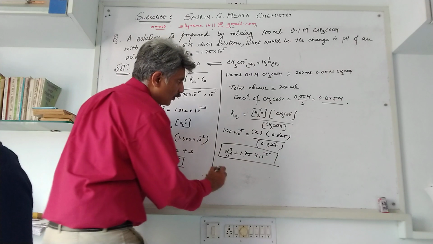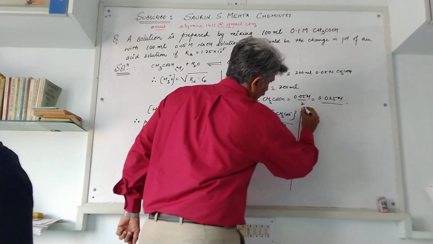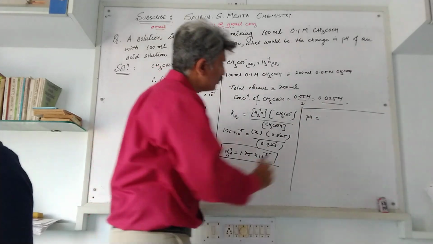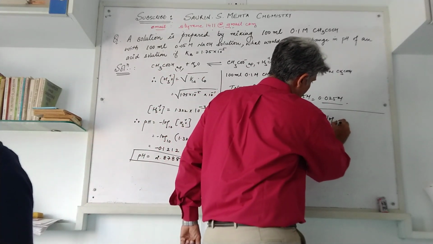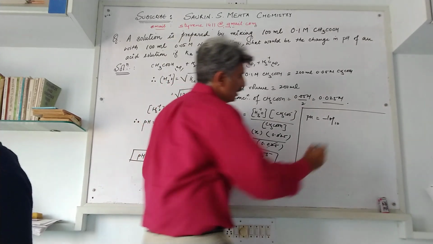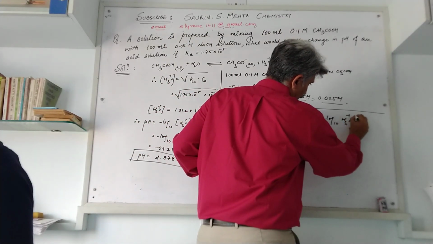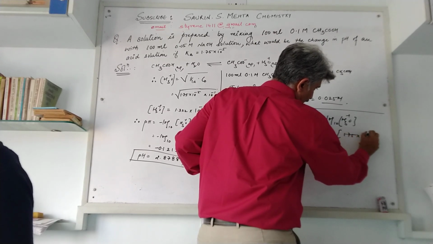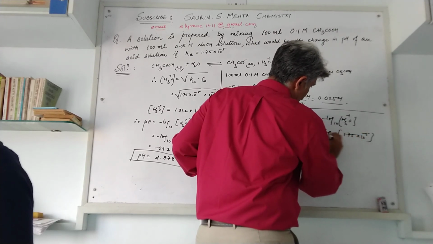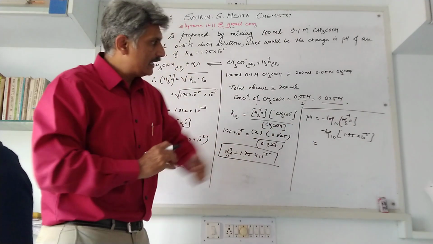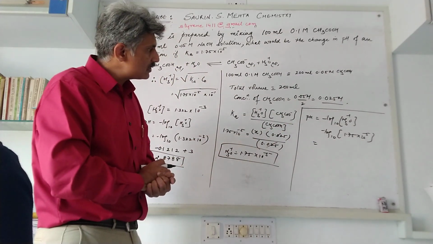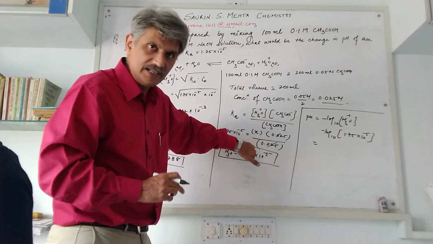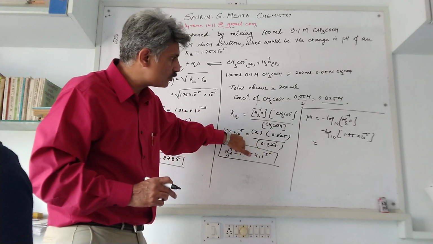Now, pH for this can be determined, and that is equal to negative logarithm to the base 10 of H ion concentration. H ion concentration is 1.75 × 10^-5, and that is negative log to the base 10. Now see, let us find the pH value for this. So it will be 1.75 × 10^-5.